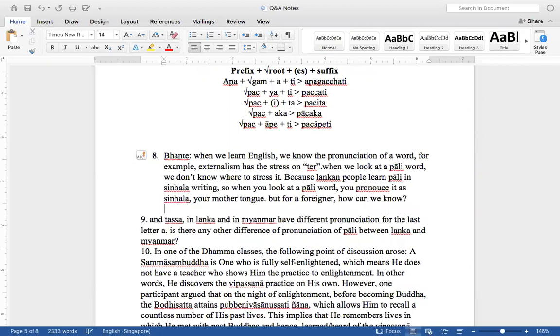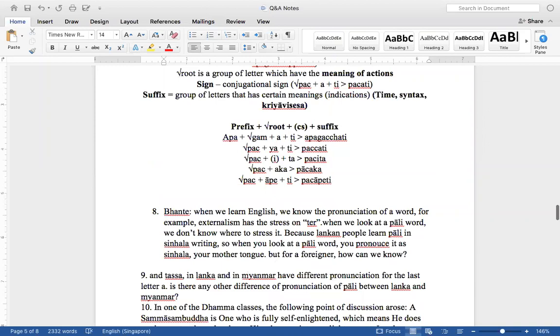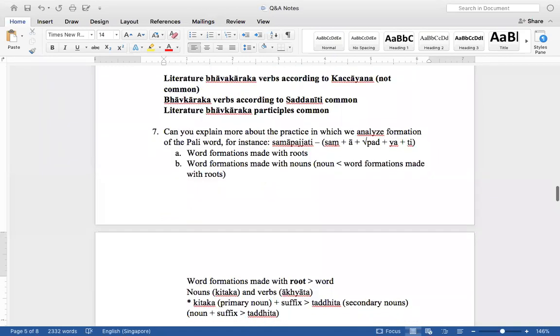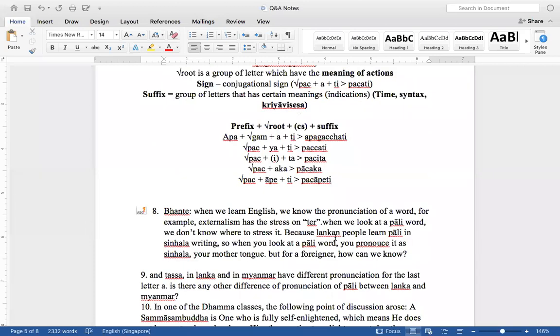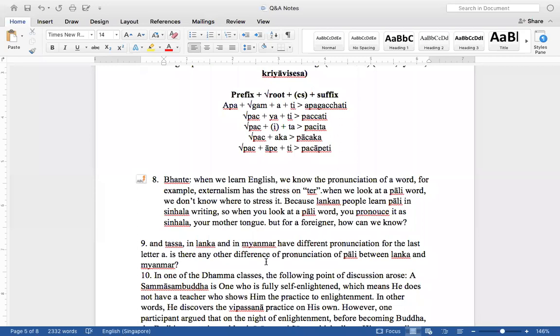Now, traditionally, there is no stress in Pāli. Traditionally, we don't recognize the stress. But some philologists have proposed stress, and they call it stress and emphasis on which one to be emphasized. Unfortunately, it's not found in my language, and not in modern Hindi also, as far as I know.